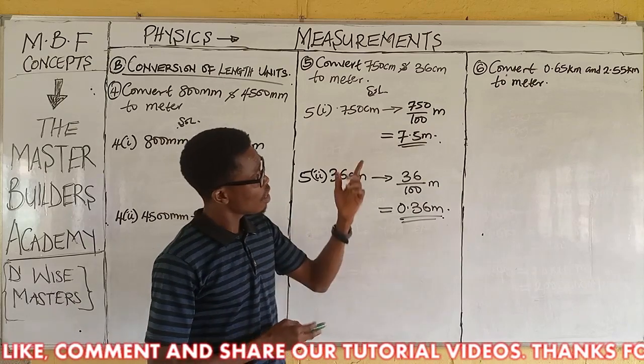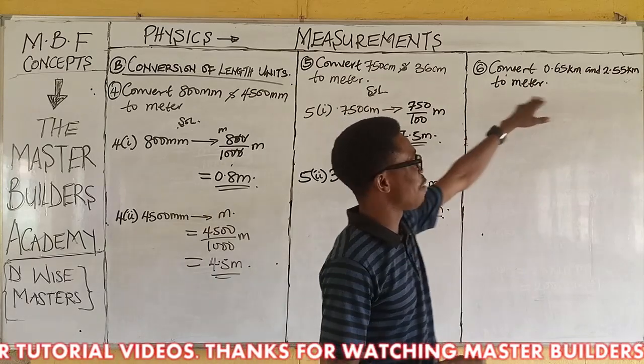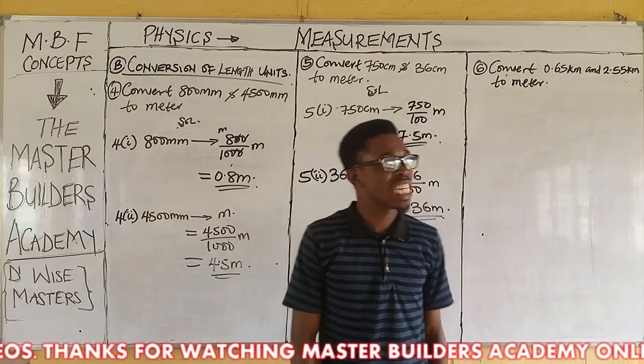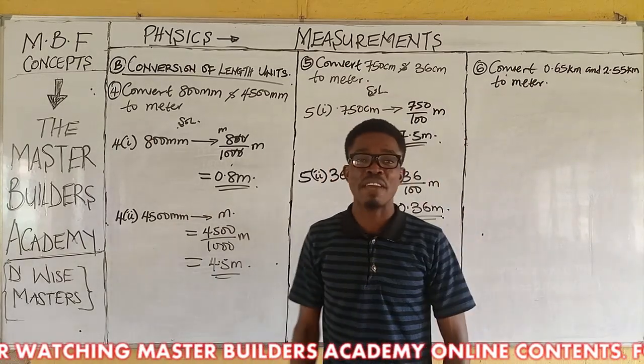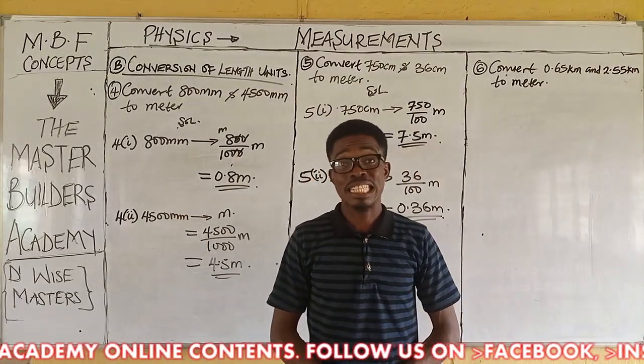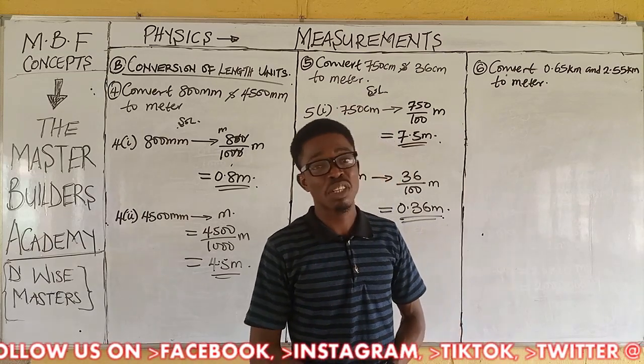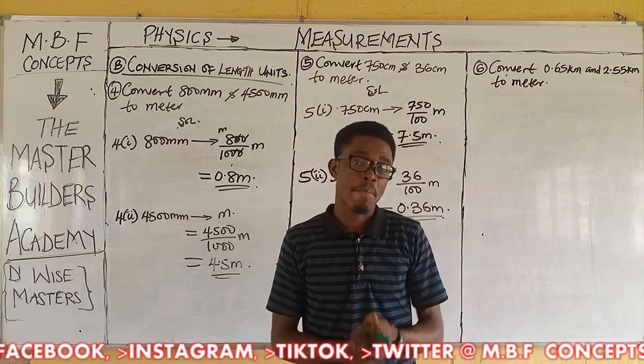Now, let's look at question number 6. In question number 6, guys, we are asked to convert 0.65 kilometer and 2.55 kilometers to meters. And understand that kilometer is higher than meter, and to convert from a higher unit to a smaller unit, you multiply. Is that correct?